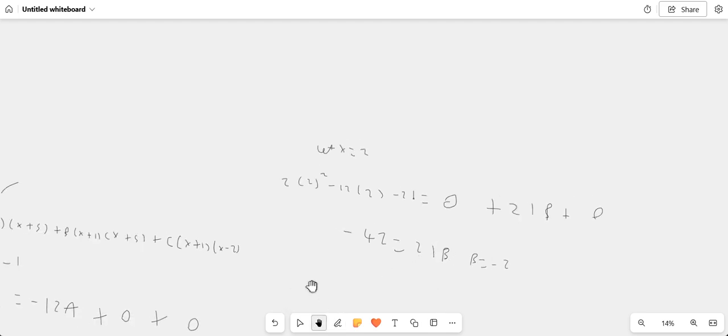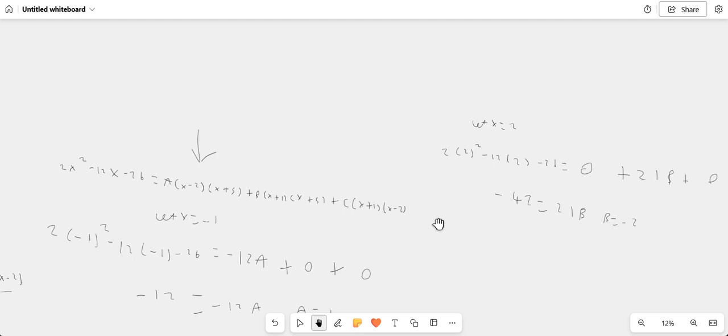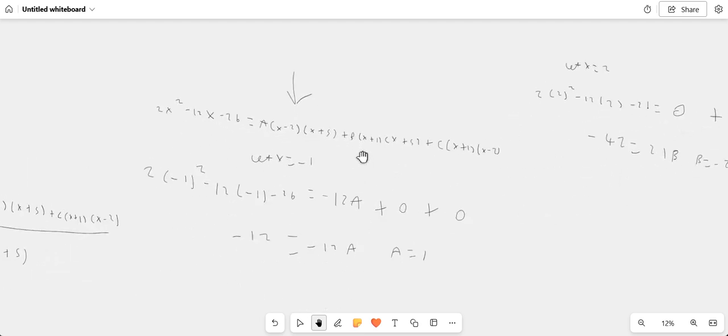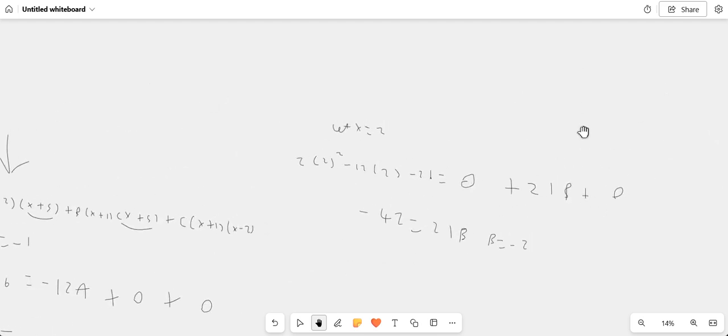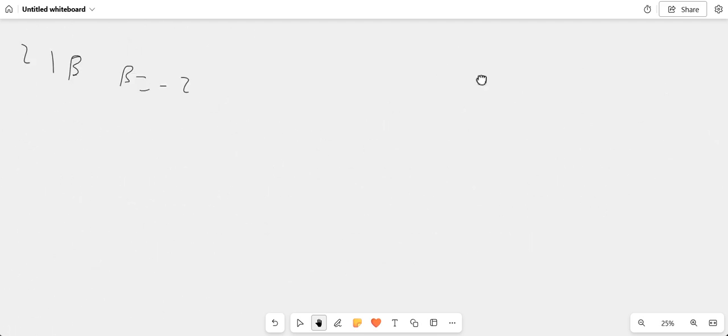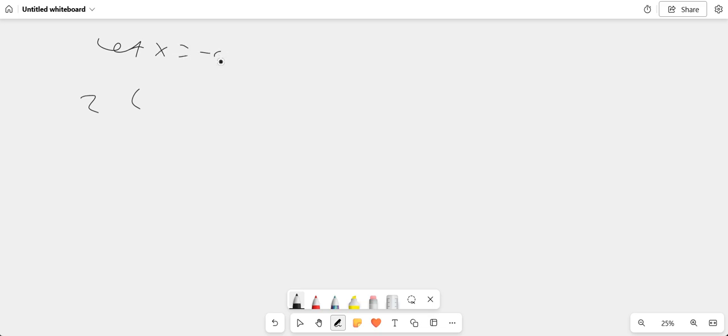Alright, safe. The final one is for c. I need to let x equal to minus 5, yeah? Because that's the only bracket that's left. So let x equal minus 5.